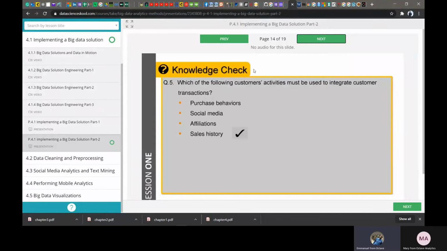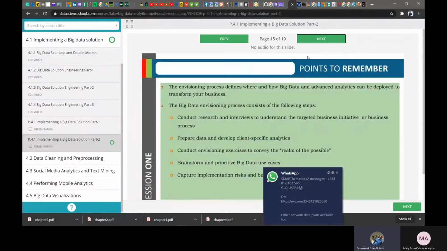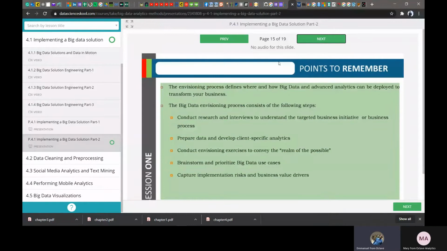There are some details that are left behind, so don't just rely on the slides here. Which electronic customer activities must be used to integrate customer transactions, sales history, and you have the summary afterwards. So that brings us to the end of this session.